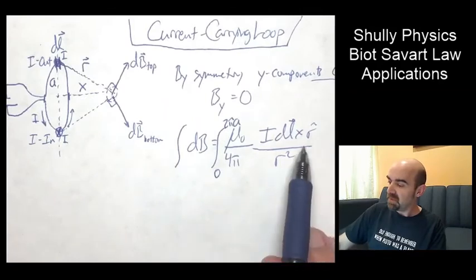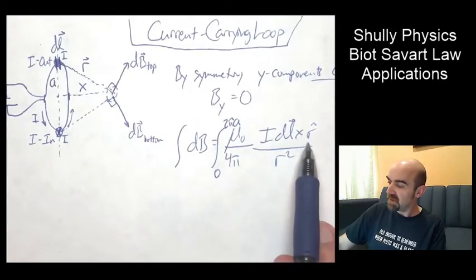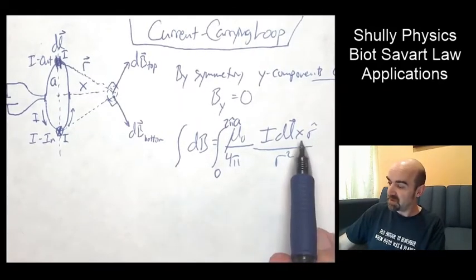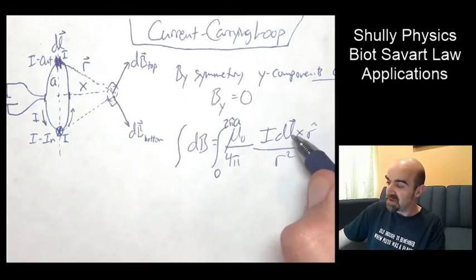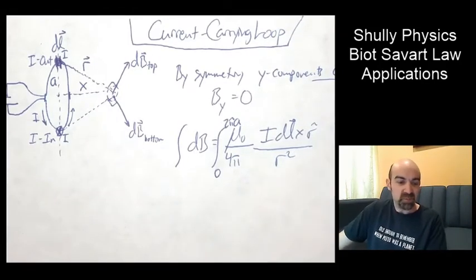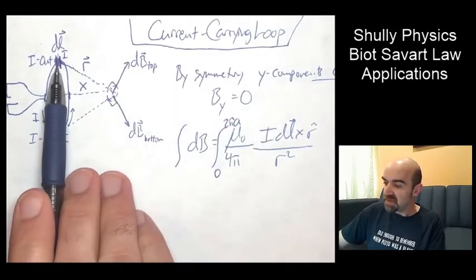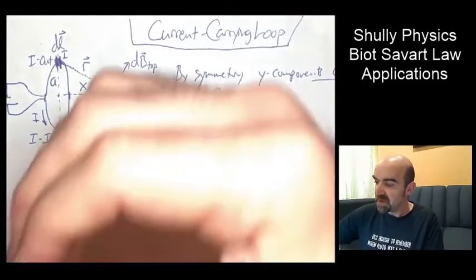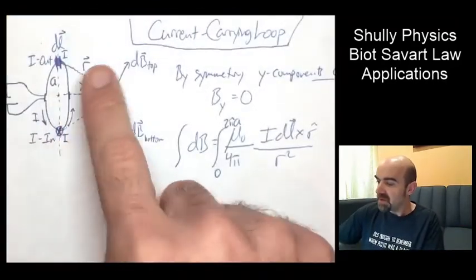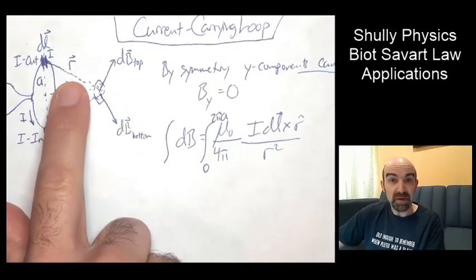Now another thing I'm picking up on here, and I'm going to substitute for this in a moment, is this dl cross r. What is it going to be? Well, in each case, with our dl coming out of the page, r is always perpendicular to it.